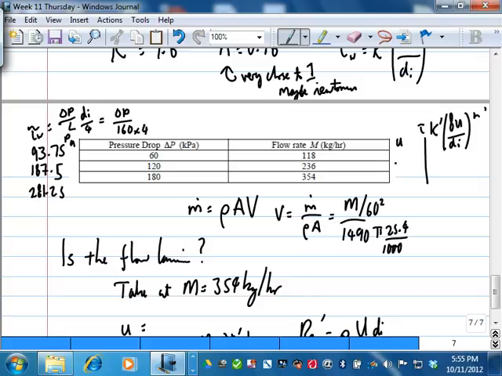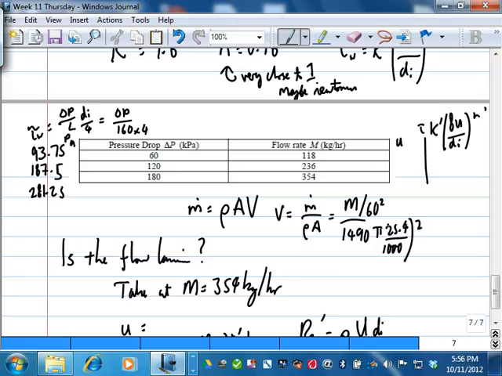On this side, what's the U? M dot divided by 60, divided by 1490 times pi d squared over 4.